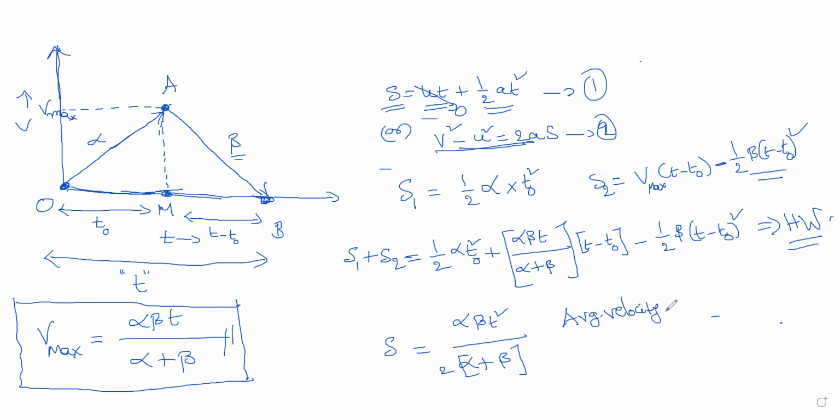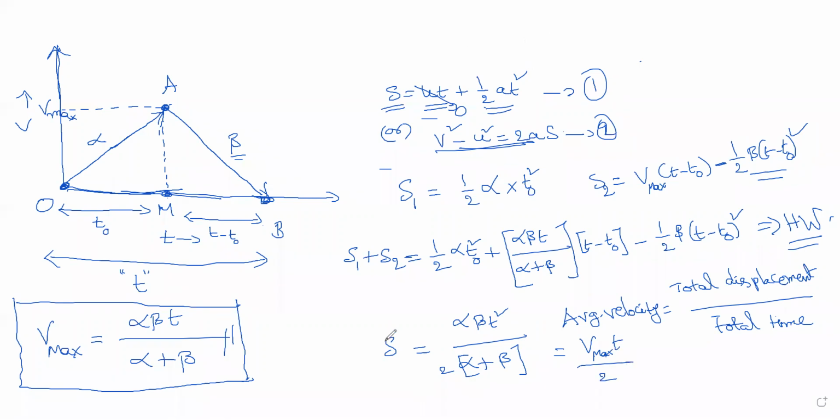And again, average velocity. Average velocity is total displacement divided by total time. See, here this expression, alpha beta t divided by alpha plus beta, is actually Vmax into T divided by 2.